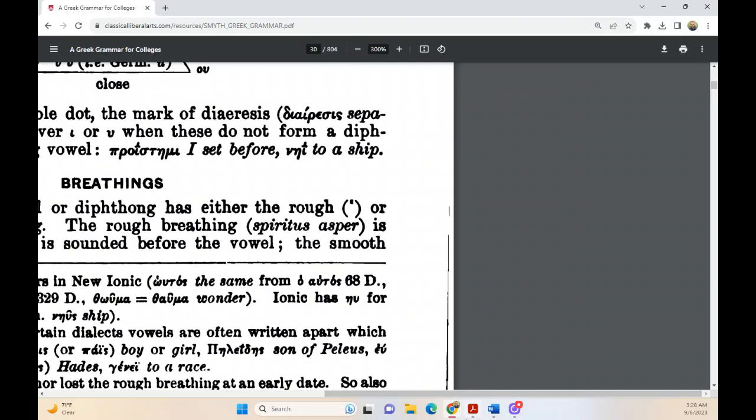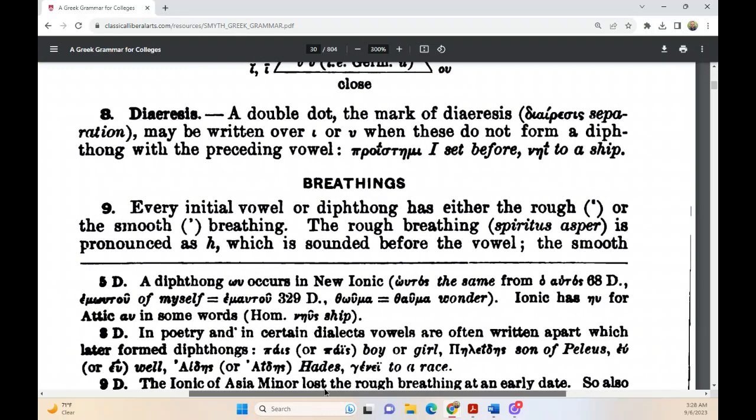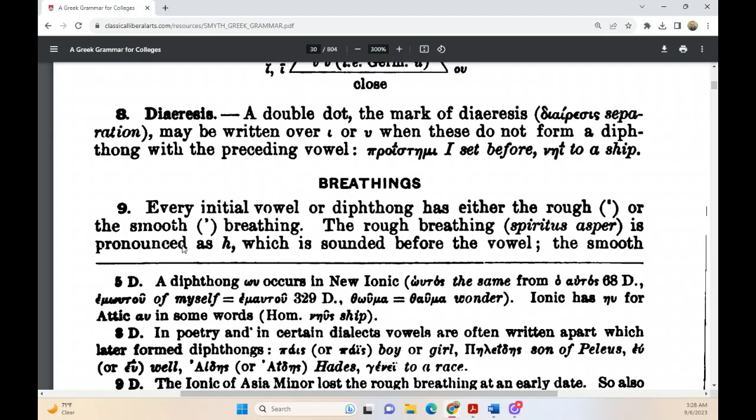That's what rough breathing means. And then the smooth breathing, which is like a backwards C-shaped apostrophe or a regular apostrophe, means that there's no breathing to be added to that vowel. So you can just ignore that actually. But the rough breathing mark, the C-shaped breathing mark, tells you to add rough breath or aspiration before that vowel.